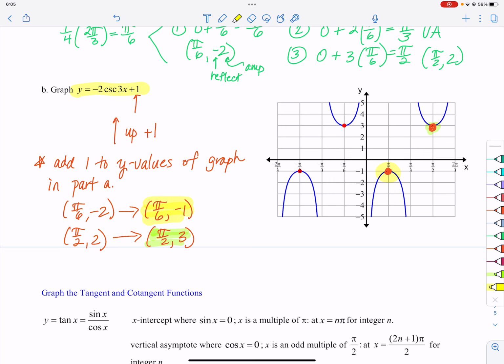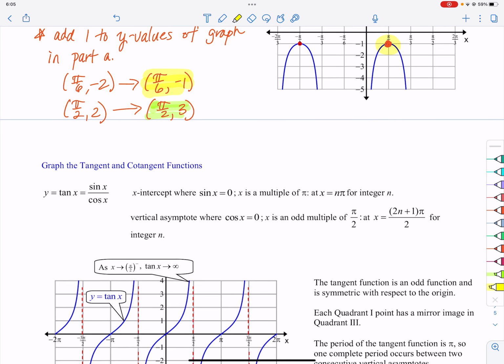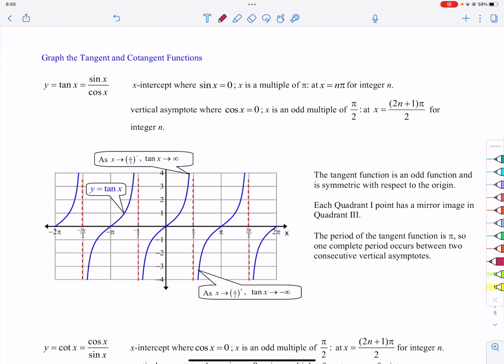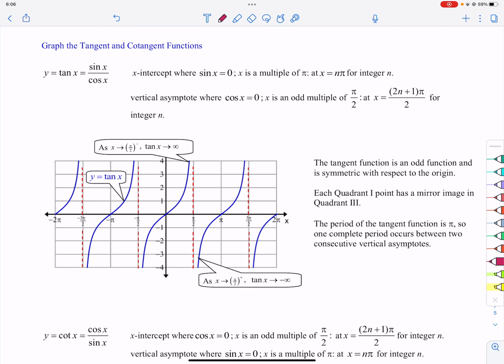Goodness. Okay, so now let's talk about the tangent and the cotangent functions. We'll use that same concept of where we have an x-intercept for the sine of x is where we are going to now have our multiples of pi. So as you can see right here, this is y equal to the tangent of x, okay? So where the sine of x is equal to 0, that puts 0 in the numerator.